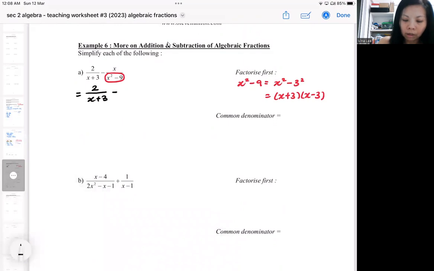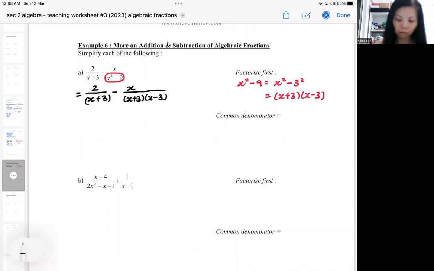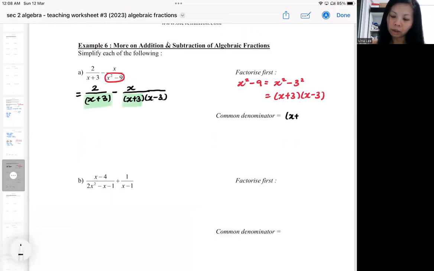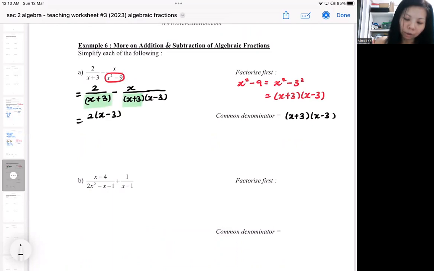After that is factorizable, you look at the two denominators. You realize that they already got one common bracket, but the first fraction needs one more. So actually the common denominator will be x plus 3, x minus 3. So I'm going to multiply the missing bracket to the first fraction.